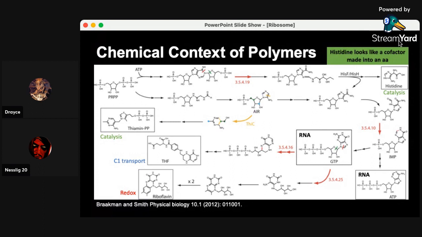Histidine is produced by the pathway that produces cofactors important in catalysis and redox chemistry, and also, of course, ATP and GTP. Histidine seems to be very chemically similar to these things, although it is turned into an amino acid, which is basically how proteins inherit catalysis in another way besides unfolding these metal centers or coenzymes.